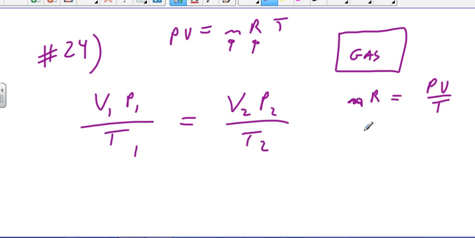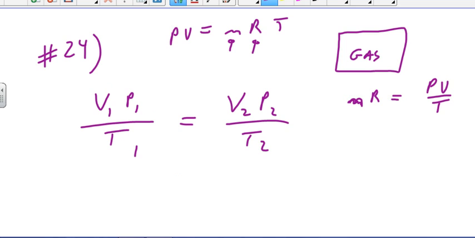The good news is that I've got one equation and 6 unknowns, so to solve for it, I have to have 5 of them given, right? But if PV equals nRT is correct, and you let some volume out of your tires, then your pressure has to go down in order to have these be the same.